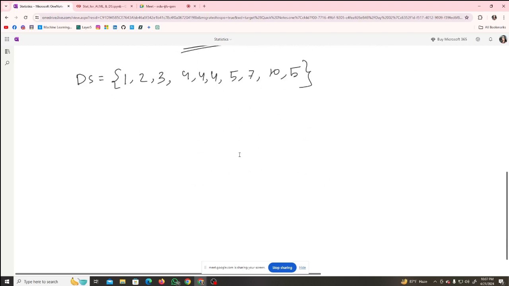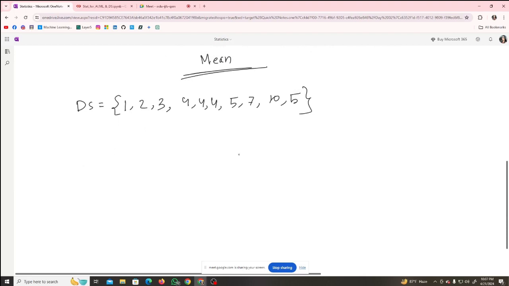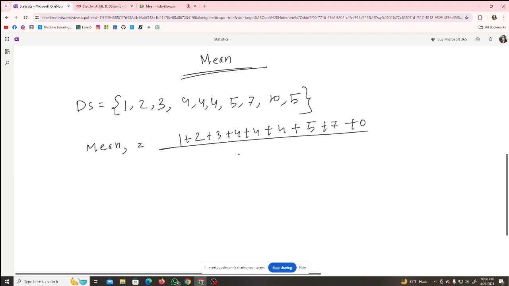So to get the mean or the average of this dataset, what we have to do, we have to add all these values and then divide it by the total number of values. So 1 plus 2 plus 3, 4, 4, 4 plus 5, 7, 10, and here we go 5.